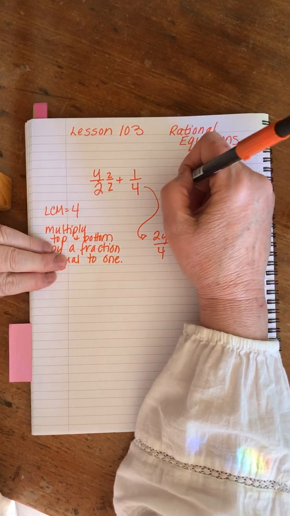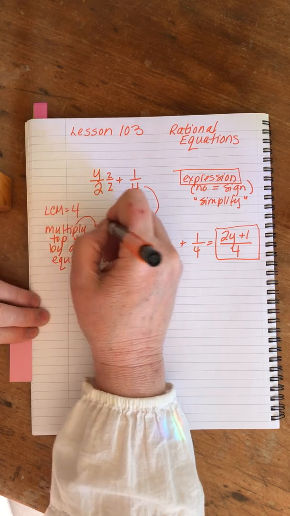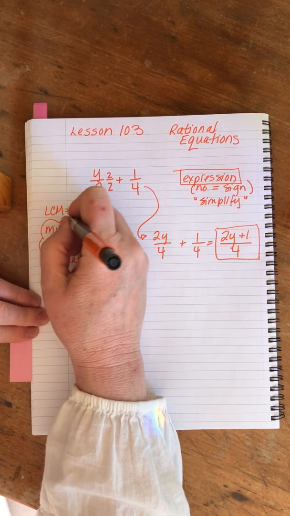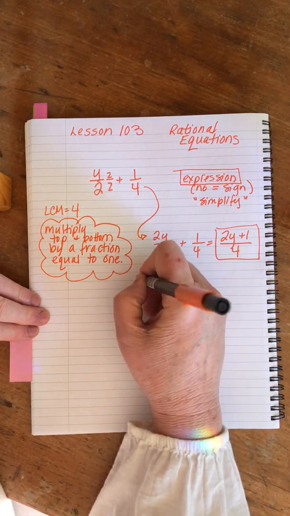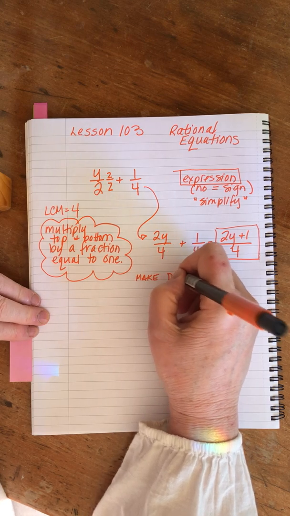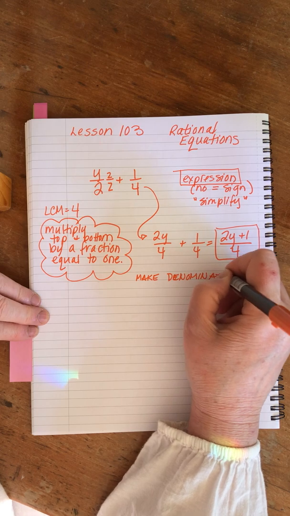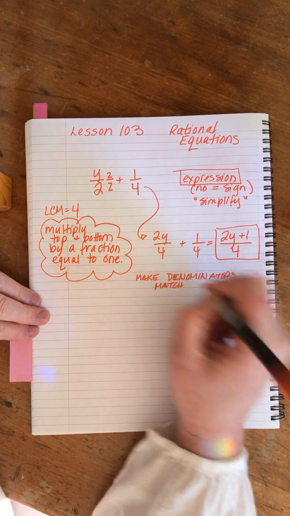That's an expression, and in that case, all we can do is make the denominators match. It's the best we can hope for, is just to make them match.